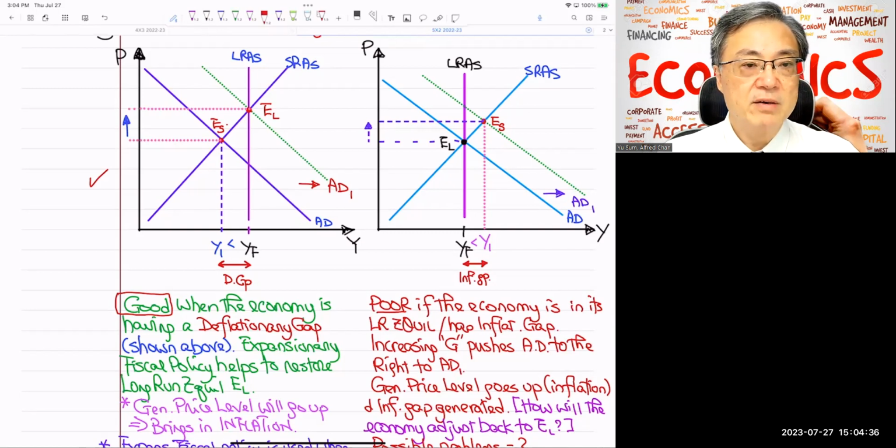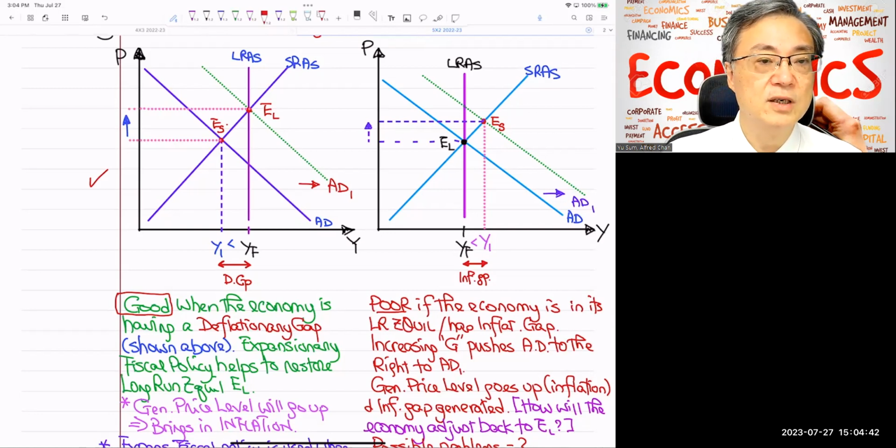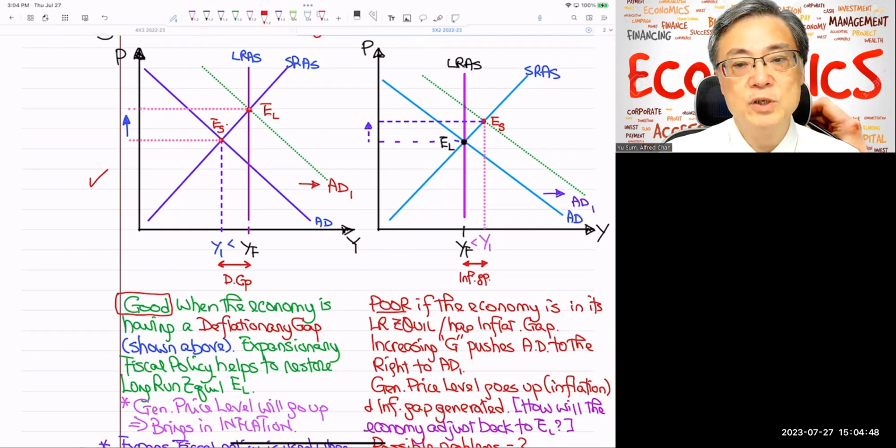Economic prosperity is not really good. People don't have much confidence in the economy. They're not investing much. Okay, that kind of thing. Now, under this situation, it is better for the government to adopt an expansionary fiscal policy.